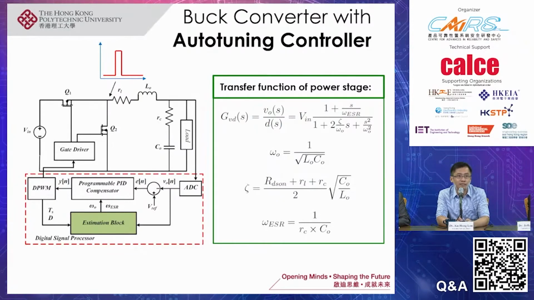We will be able to estimate the value of the inductance, capacitance, as well as the resonant frequency. Once we have determined the resonant frequency, we can adjust the controller parameters accordingly so as to maintain the optimum transient performance of the buck converter.